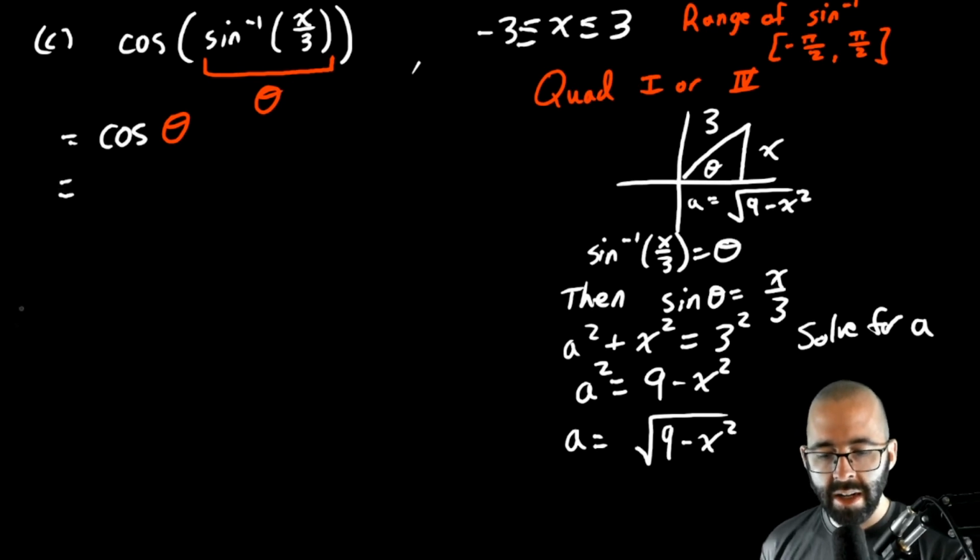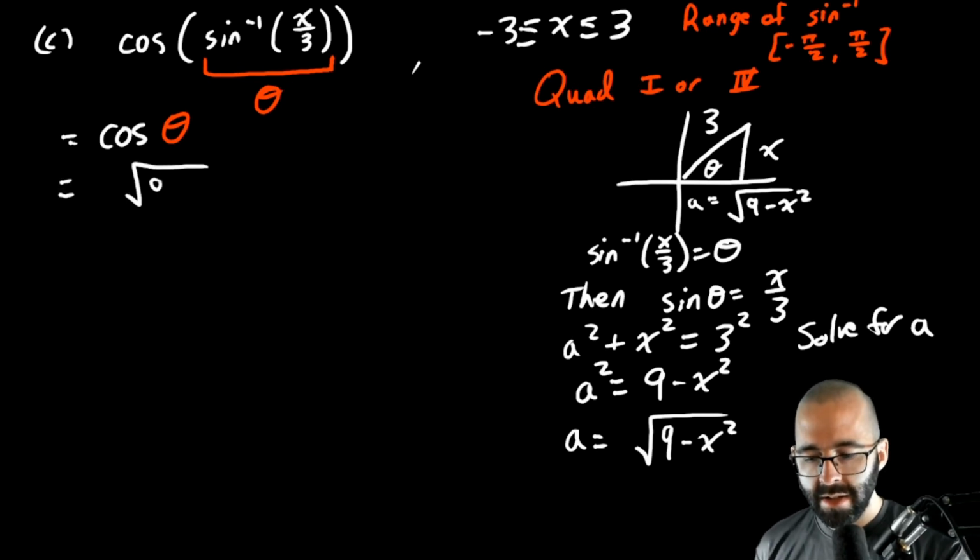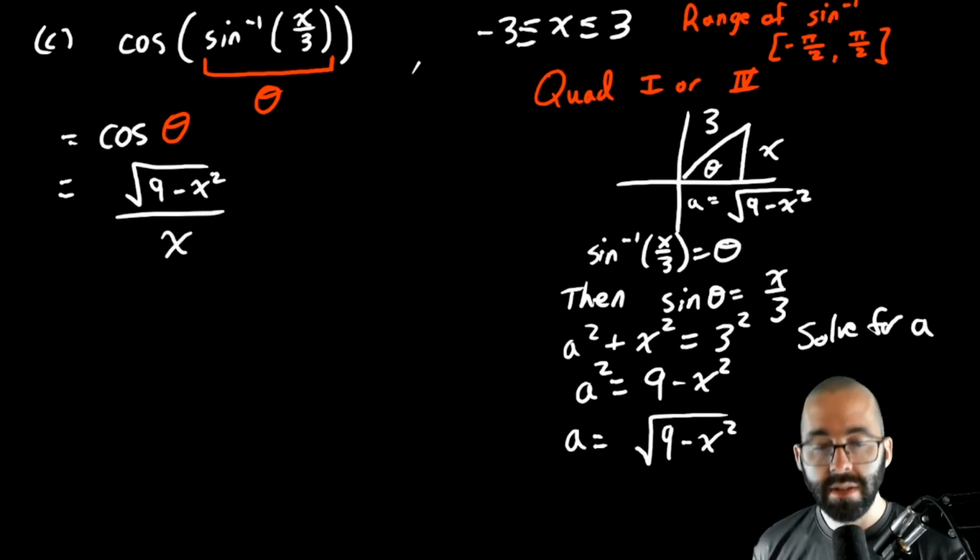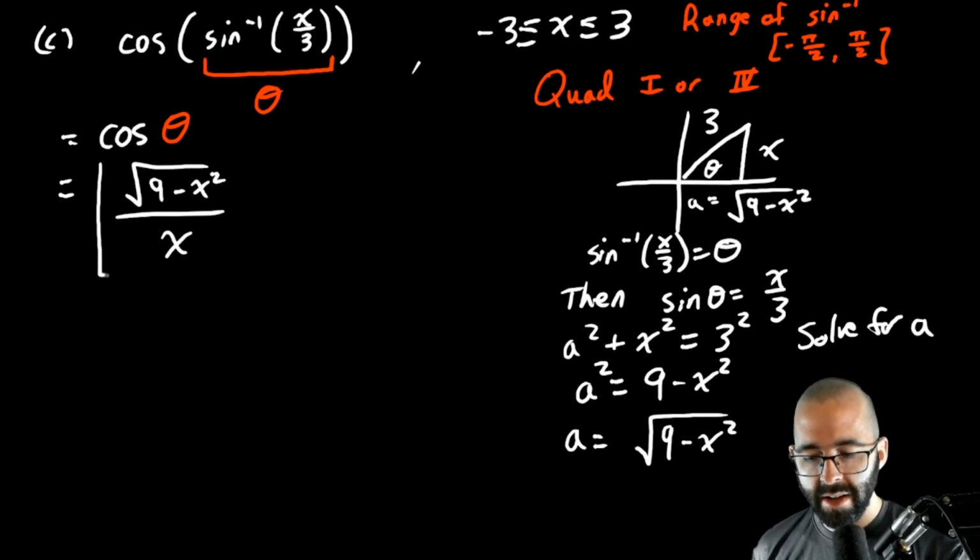So the cosine is going to be adjacent divided by hypotenuse. That's the adjacent. That's the hypotenuse. And there we go. That is the cosine of theta.